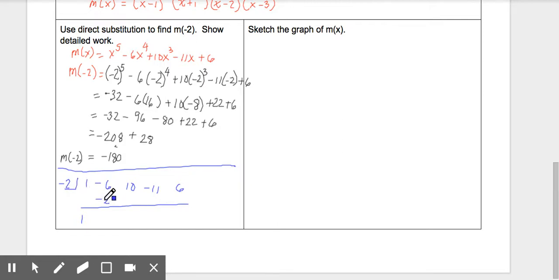Negative 6 minus 2 is negative 8. Negative 8 times negative 2 is positive 16. This is going to be 26. 26 times negative 2 is negative 52.